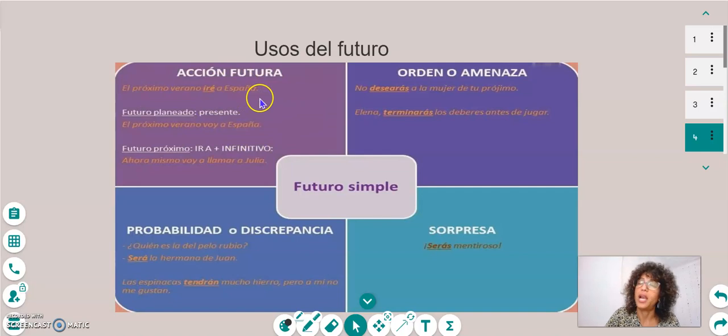So I ask them to read aloud for me again, and I also ask them to make up some similar sentences to what they have seen written here. If they already have questions regarding the difference of these 4 uses in Spanish, for every single question they ask, I pause, right?